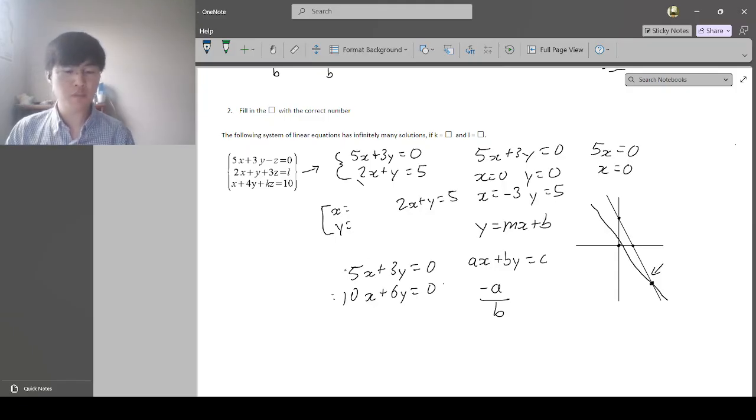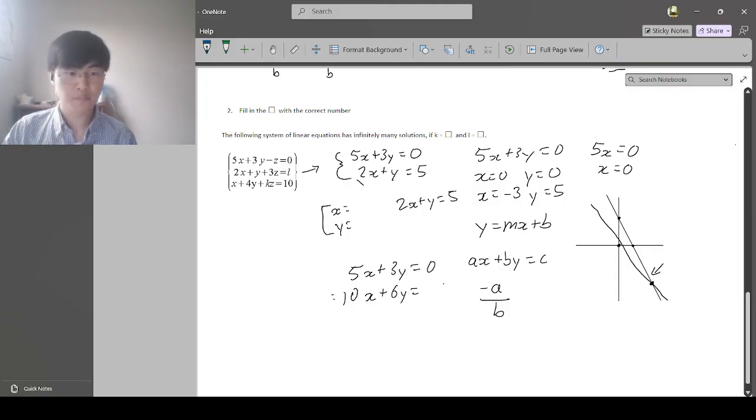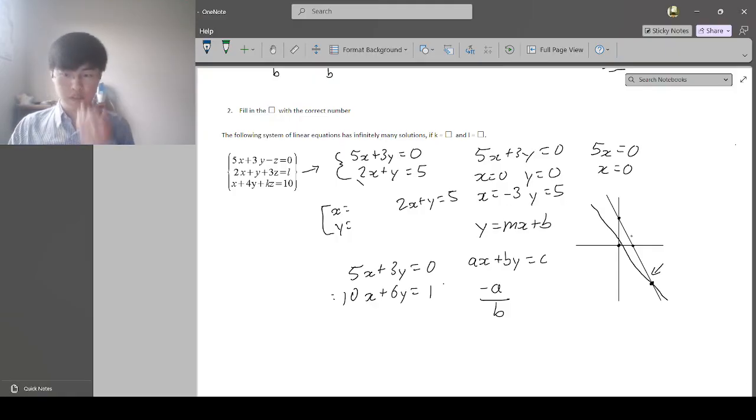On the other hand, what happens if both lines are parallel to each other? In this case, instead of 10x plus 6y equals 0, we can say 10x plus 6y equals 1. If we have two lines that have the same slope, like in this case, they never intersect each other.